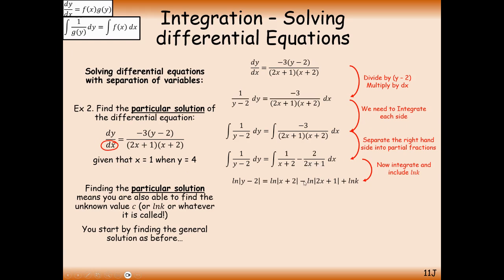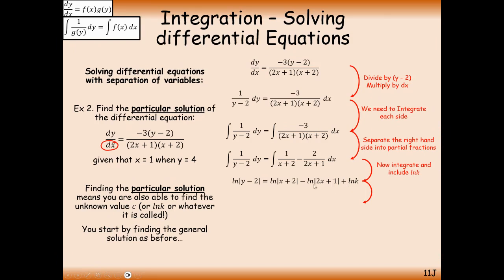Only that we need to put the negative sign in front of the log of 2x plus 1. And because we are solving a differential equation, this constant we are going to write as log of k rather than just a plus c. That's fine. Log of k is still a constant, and that's acceptable.